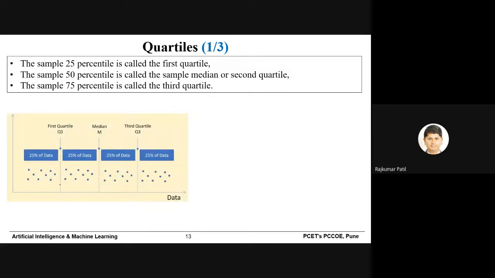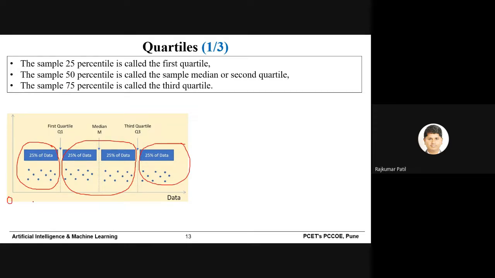And you can see here quartile 1 is the first 25 data, then the second quartile and the third quartile.